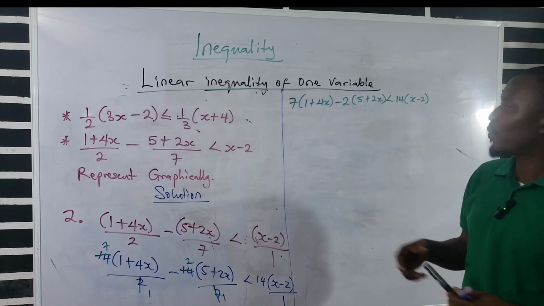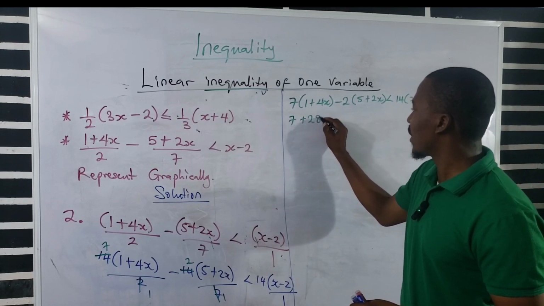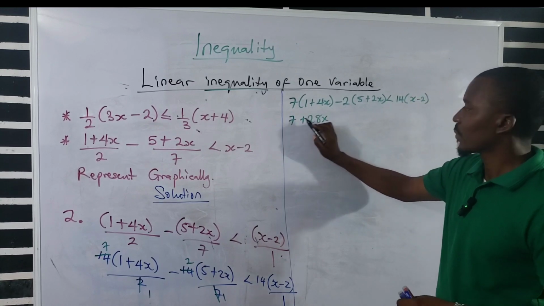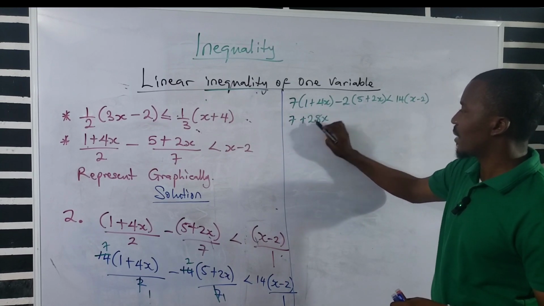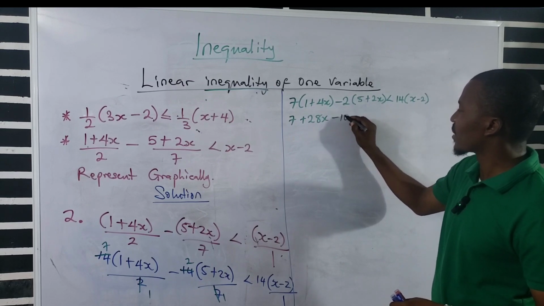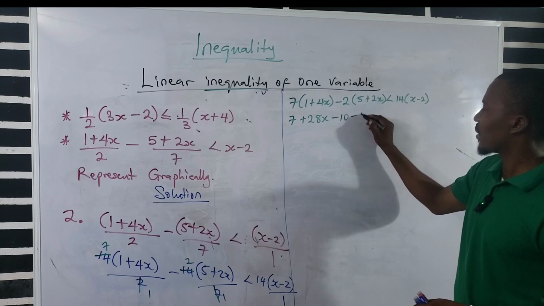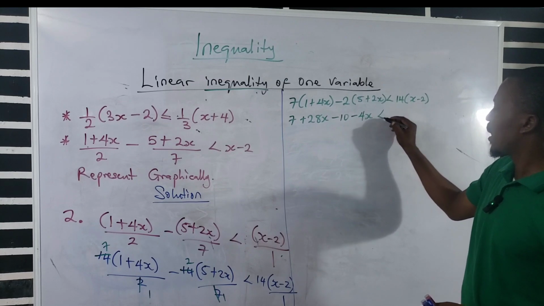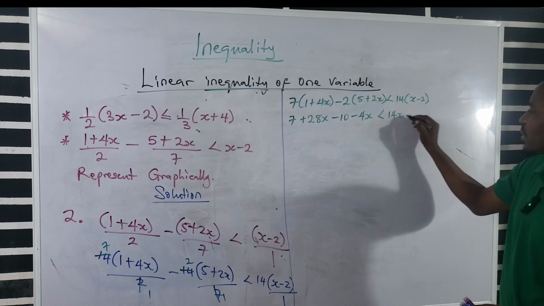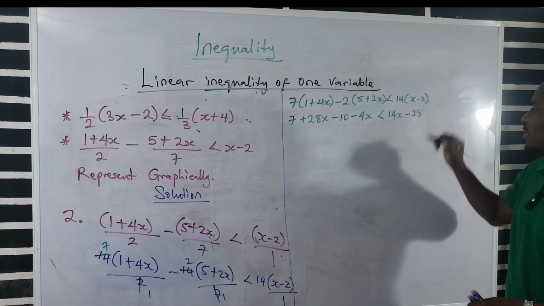When you open the bracket, you are going to have 7 plus 28x. That's 7 times 1, 7, 7 times 4x, 28x, minus 2 times 5, minus 10, minus 2 times 2x, minus 4x, less than 14 times x will give me 14x, and 14 times minus 2 will give me minus 28.